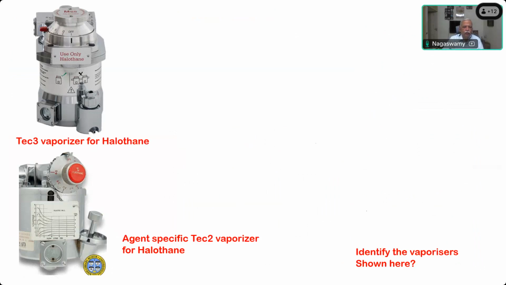In the olden days, they said that you should not leave the unused liquid inside the vaporizer because halothane had a preservative which will make the dial become sticky. So after the surgery list is getting over, what you have to do is remove the left-over liquid from the vaporizer into the bottle.